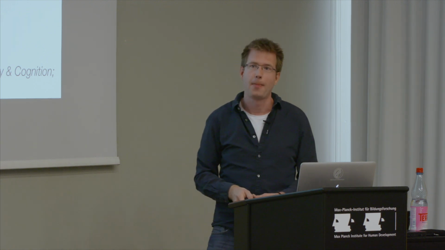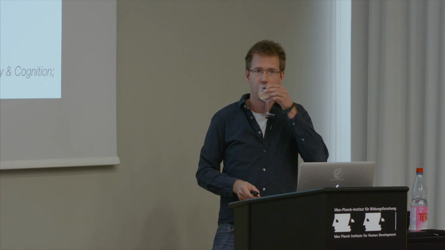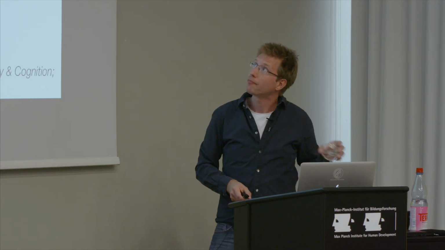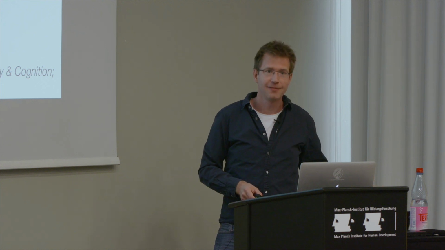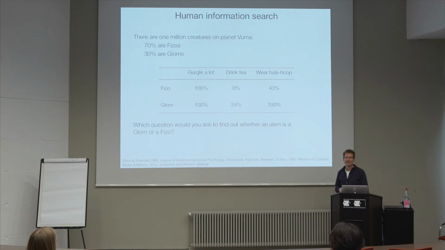Whether it drinks tea. Okay, why? Because if it does, it's a Glom, and if it doesn't, it's a Bezo. Good, but that was a good intuition. Any other opinions? I can be sure it's a Glom, but it doesn't, if you ask for drink tea. But that's true also here.